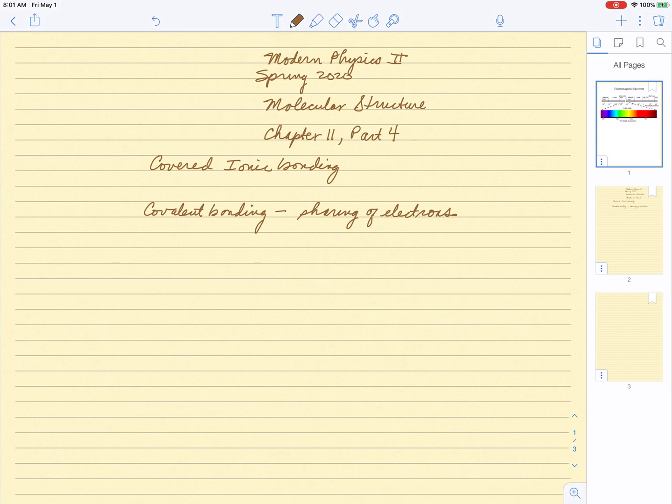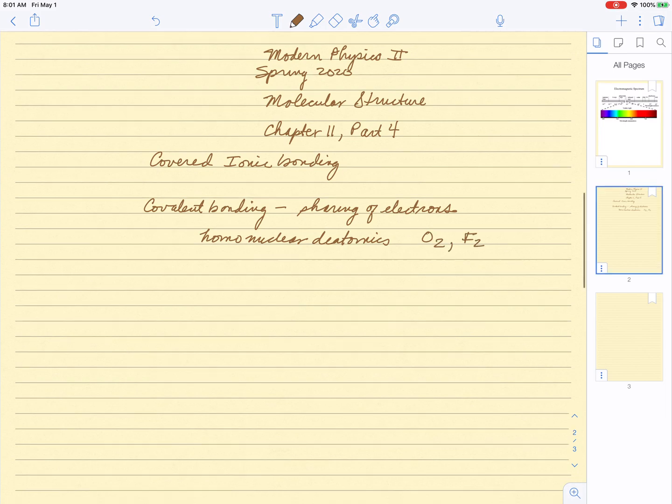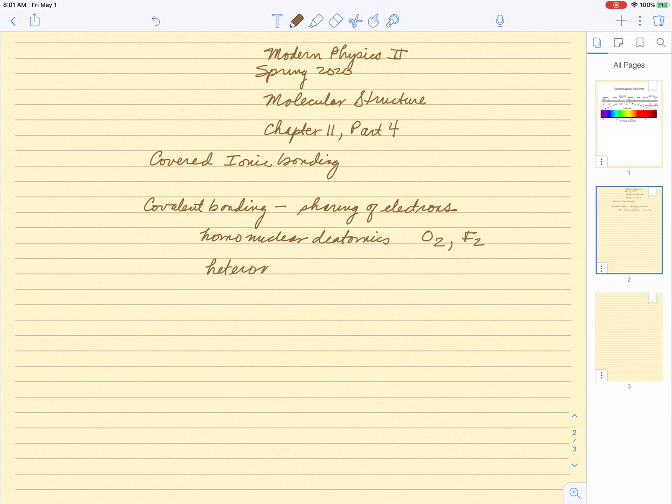And I guess the paradigmatic molecules here are going to be either homonuclear diatomics, things like O2, F2, or heteronuclear diatomics, things like CO, HCl, and again, gas phase will be the primary phase that we will study these.